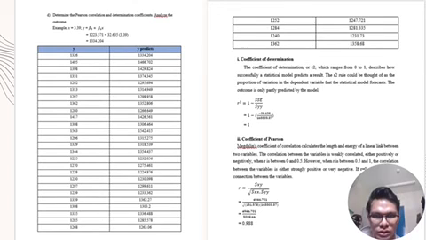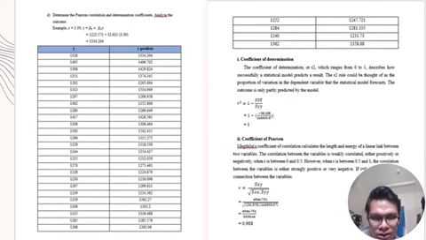Okay, for the Pearson coefficient, the equation is r equal to SXY divided by the square root of SXX multiplied by SYY.